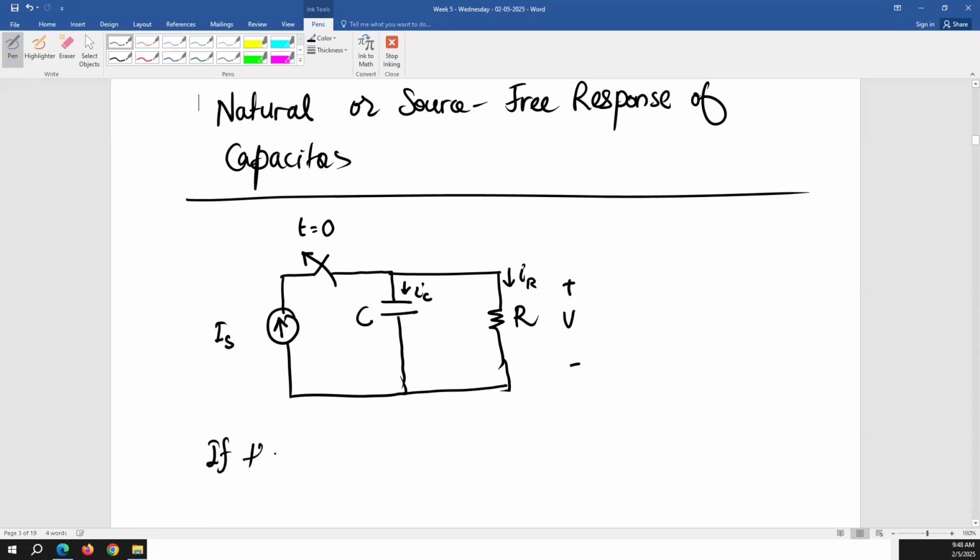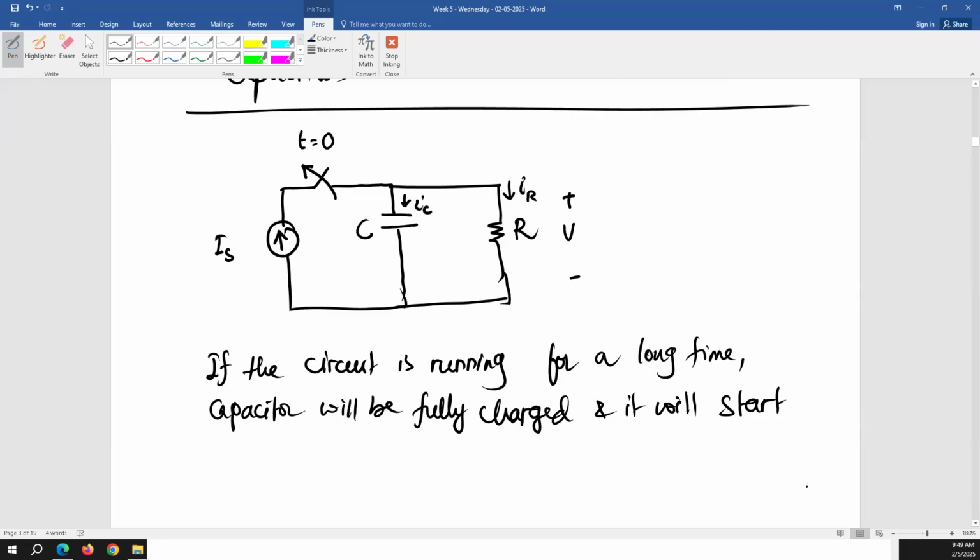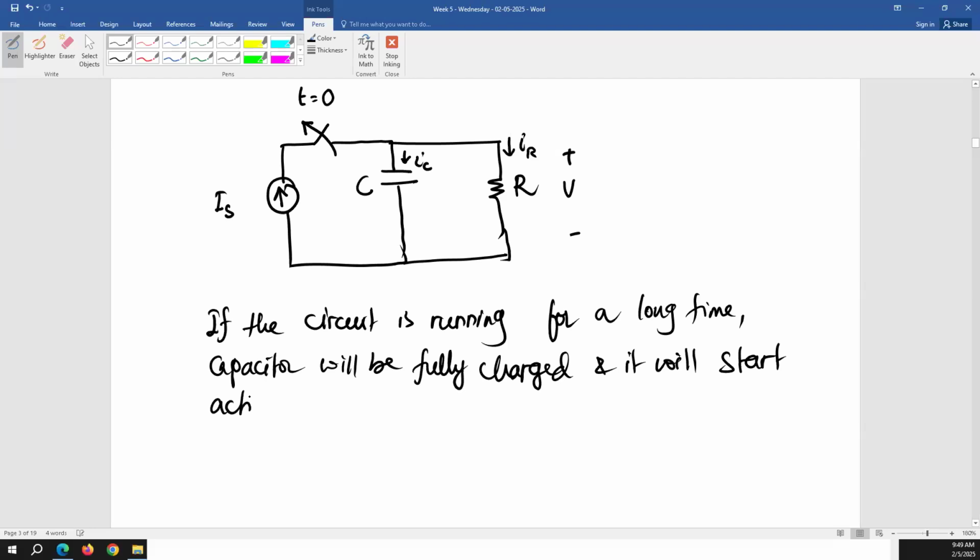So the initial voltage on the capacitor: if the circuit is running for a long time, the capacitor will be fully charged and it will start acting as an open circuit.